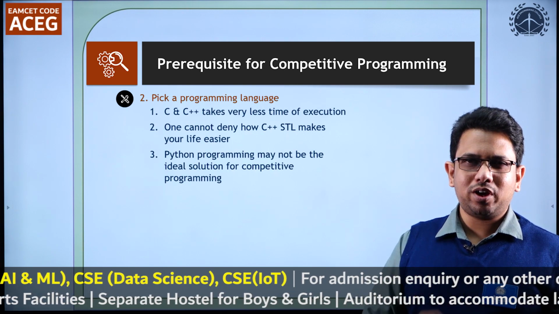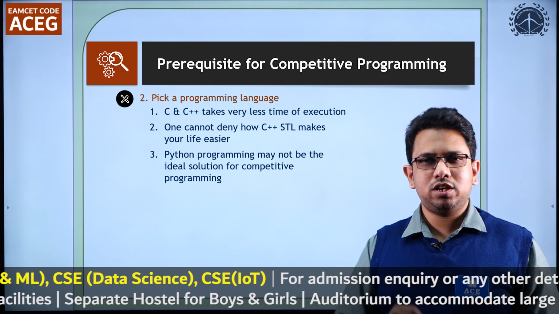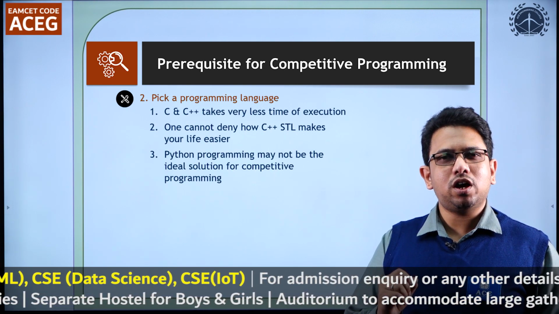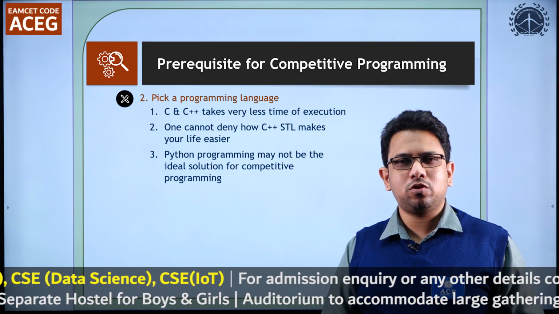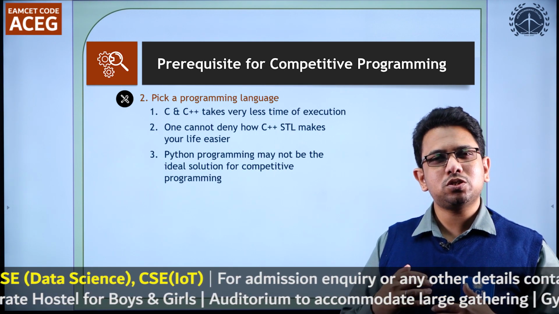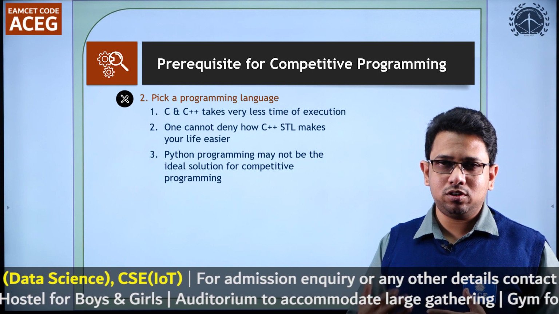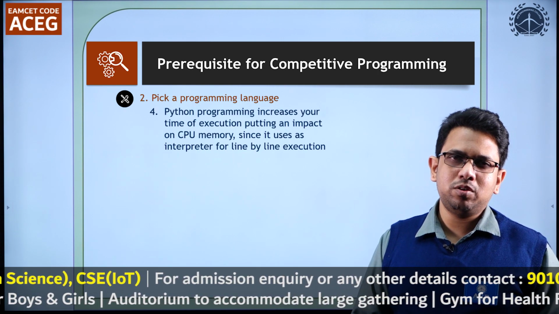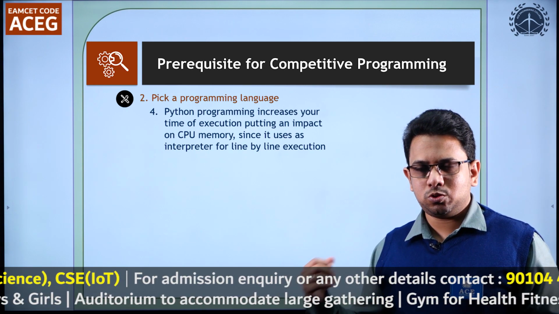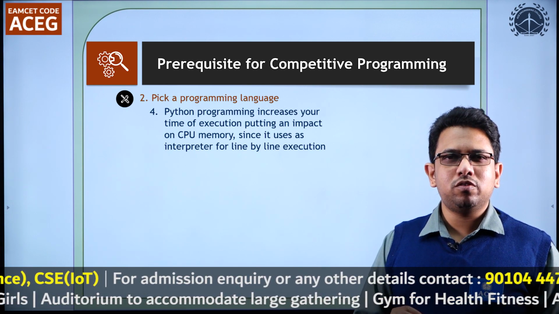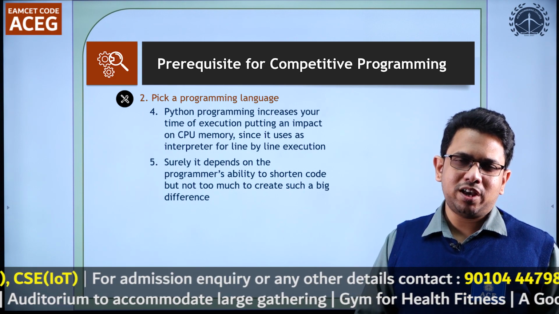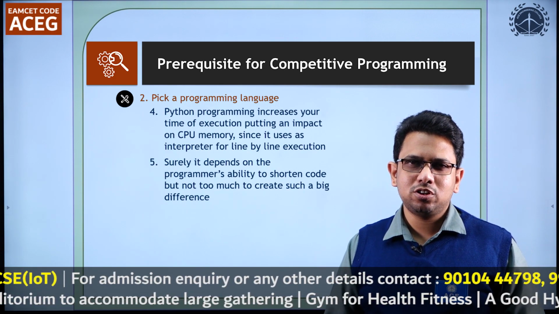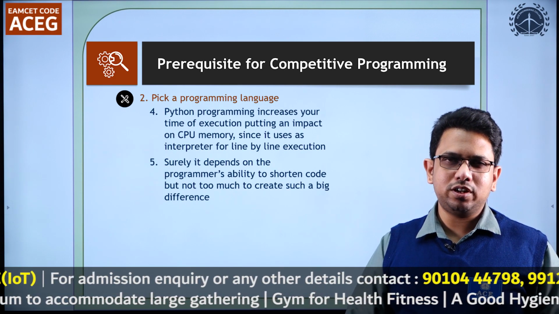Python may not be a good choice here, but for non-CSE and IT people, I can recommend Python, because it is very easy and a lot of built-in functions and beautiful data structures are available to help you solve competitive coding problems. But we cannot deny that, as it is an interpreted programming language, performance-wise it is a little slow.